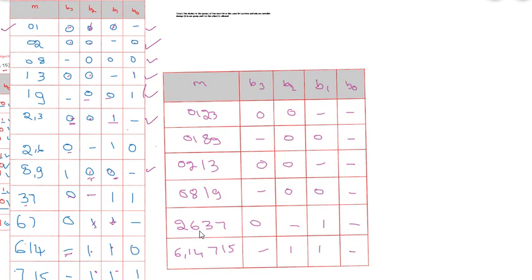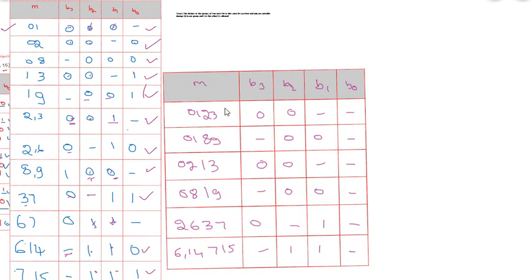Okay, then we go with 2 6 and 3 7. So 2 6 also you have to make a tick mark, then a tick mark in the 3 7. Okay, then 6 14 and 7 15 also tick mark. In this the 6 7 we have not included, this group we have not included anywhere, all the other groups we have included in step 3.